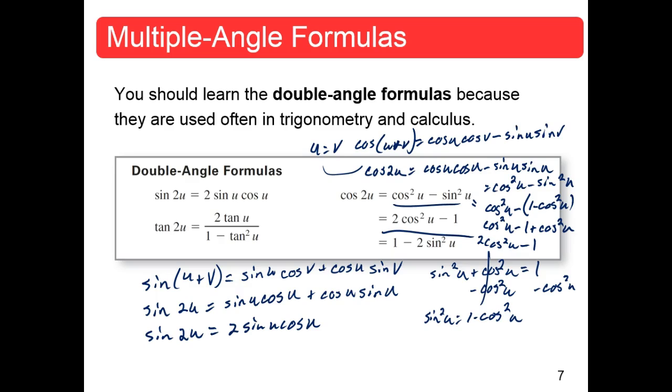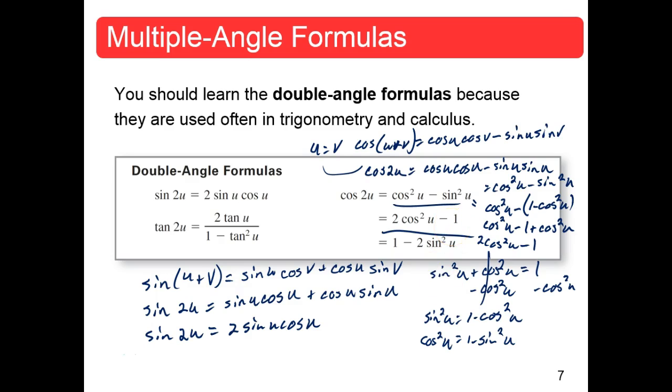Now, so we got 2 different identities for cosine 2u. Yet we still have another one, because just like sine squared u is 1 minus cosine squared u, similarly, cosine squared u is 1 minus sine squared u, right? Because you just subtract sine squared from both sides, and you get that.